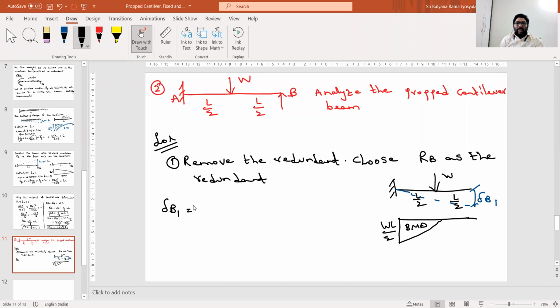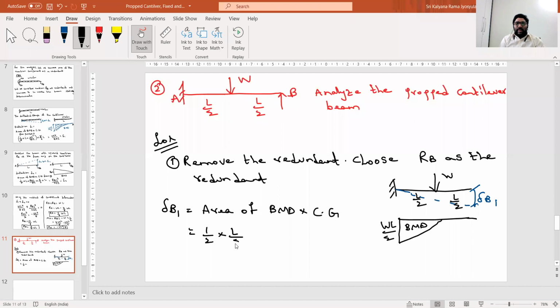So how to get that? Delta B1 is equal to the area of the bending moment diagram multiplied by the center of gravity. How to calculate it?